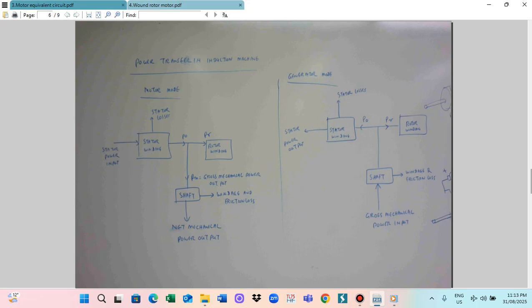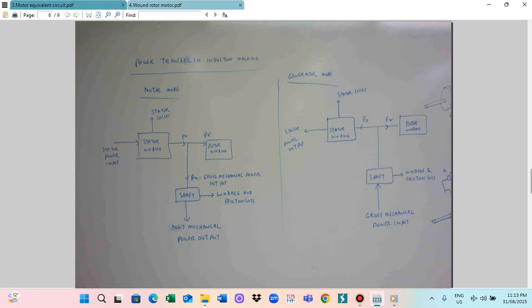Other losses on the shaft are windage and friction loss. And then finally the net mechanical power output. So this is for the motor mode.